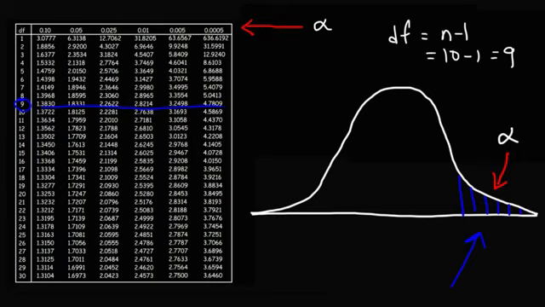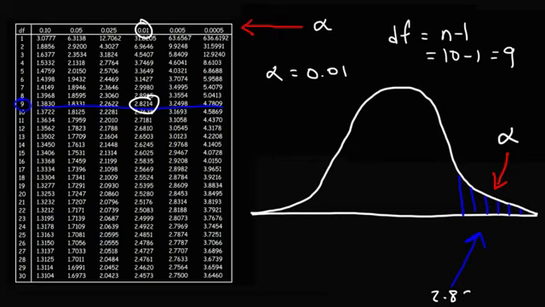Now the next thing we need to look at is our alpha value. So alpha lies only in one side of the curve, and our alpha value was 0.01, which is here. So that means that our t-value is 2.8214, or I'm just going to round it to 2.82.